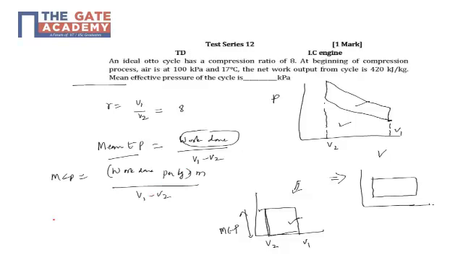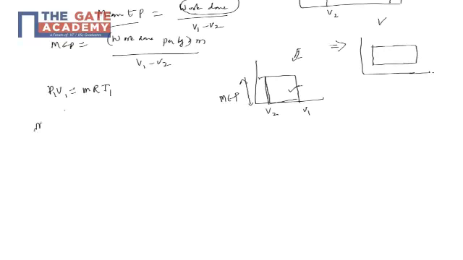Now V1 minus V2, how do I find out P1? If I assume the ideal gas equation, P1 V1 is mRT1, and we know that V1 by V2 is 8, so I can get V2. So V2 is V1 by 8, so let's substitute that.